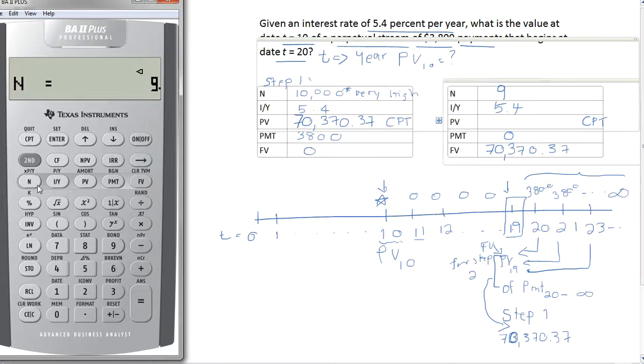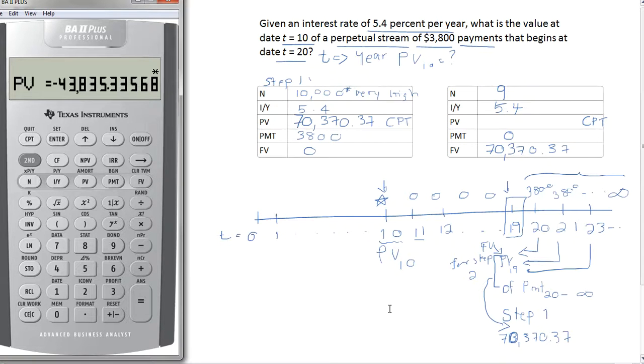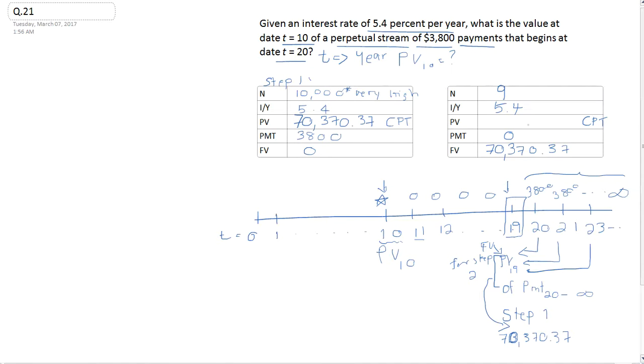So 9 N, 5.4 IY, 0 PMT, 70370.37 FV, if we compute for PV, so we got 43835.34.